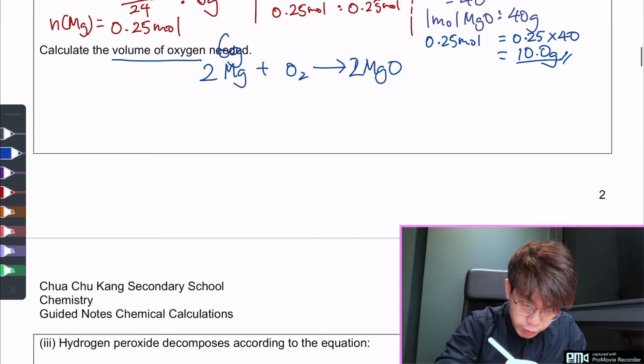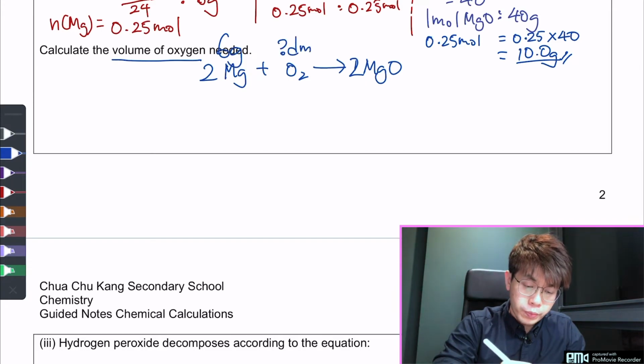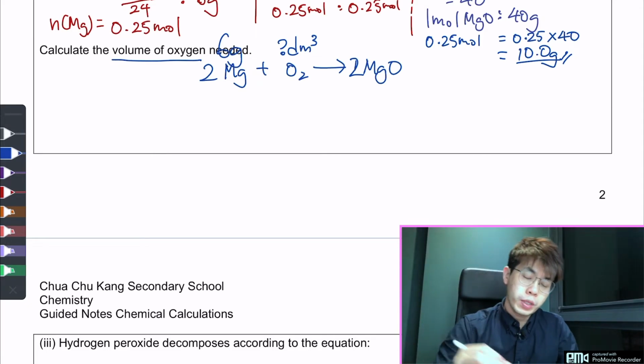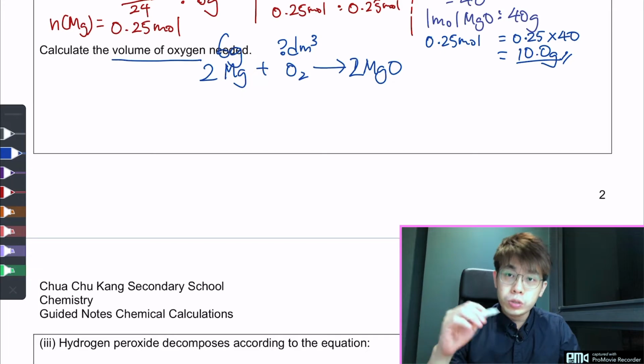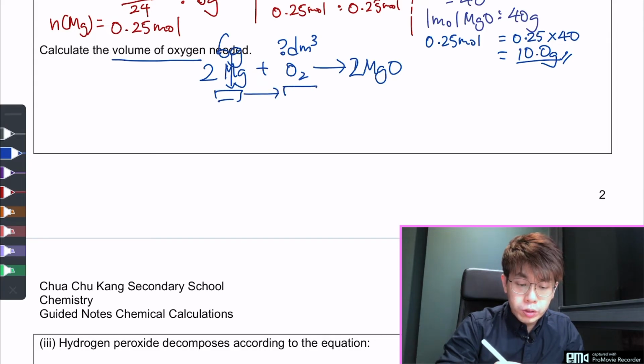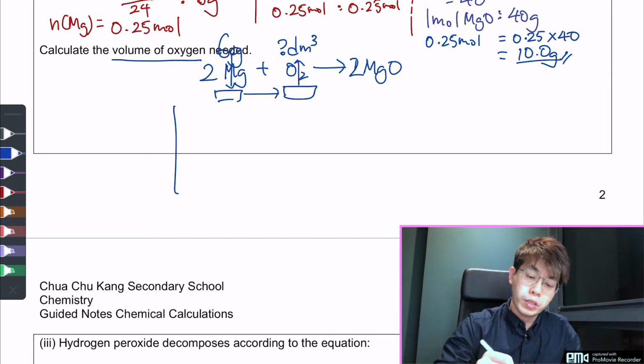So I first put a question mark, and the volume of gas is given in dm cube, so I'm going to write there to remind myself it must be in dm cube. Again, it's still the same method: find the number of moles in step 1, use the mole ratio, and then after that find the volume. So I'm going to write the 3 steps over here.